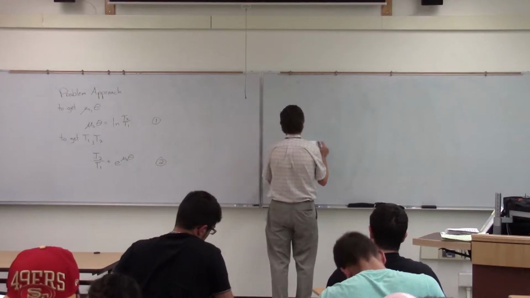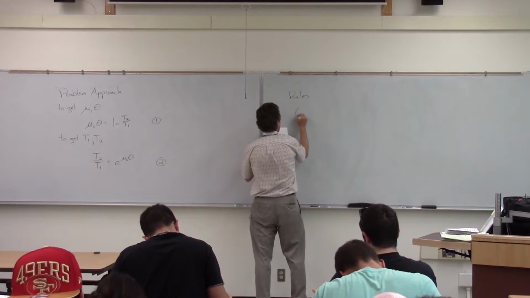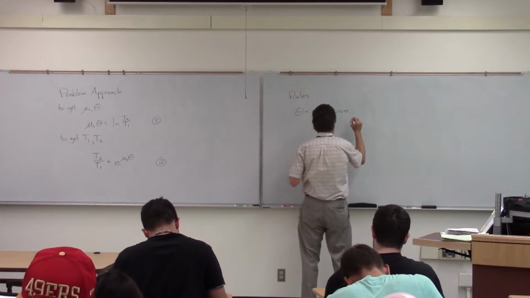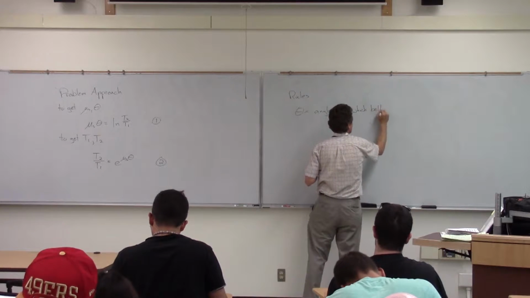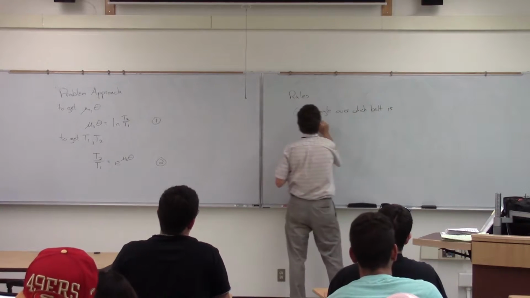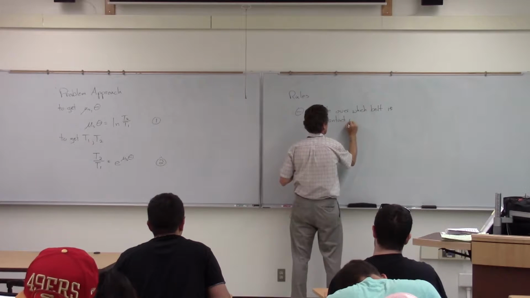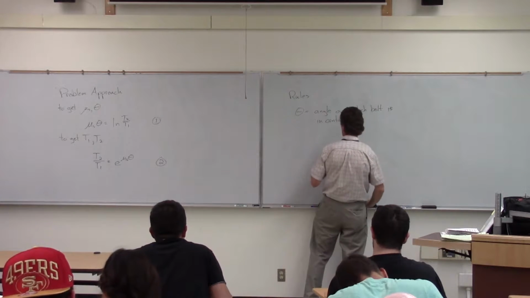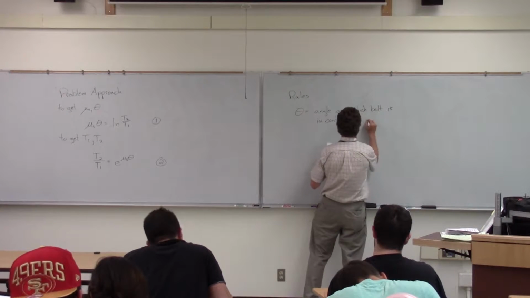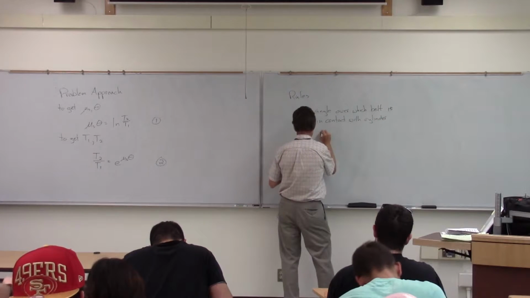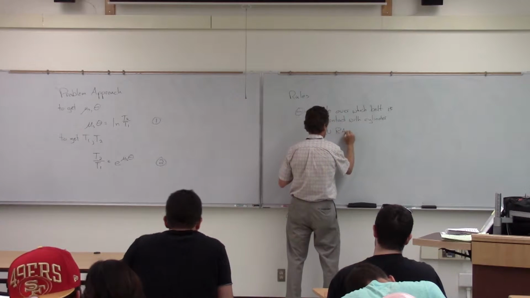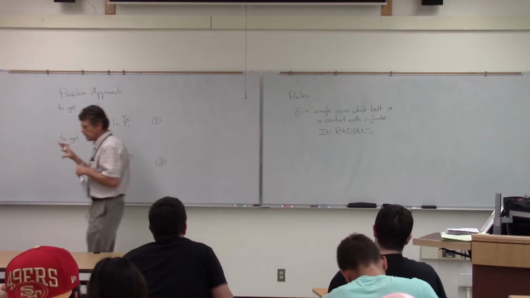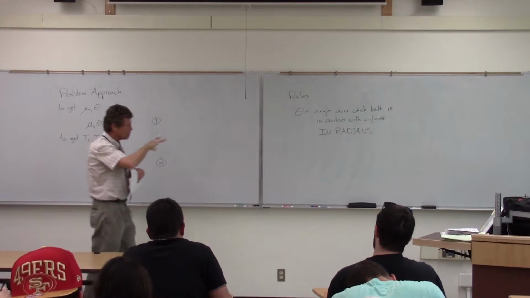Couple of rules. Cylinder. Just make sure that has an I. So theta is that area that the belt is in contact with the cylinder or pulley or whatever it is.